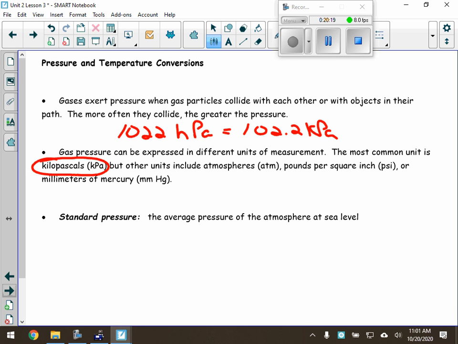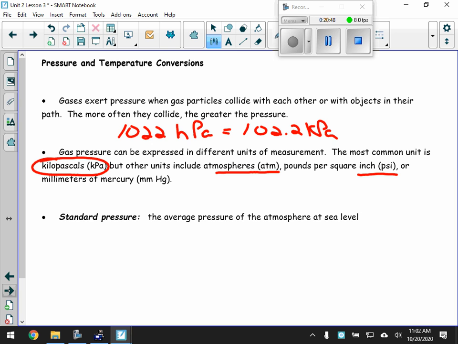Other units include something called atmospheres, ATMs. There's pounds per square inch, or PSI. PSI you've probably heard about before, yes? You get the little gauge and we put it on the bike tire or the car tire. It tells you PSIs, right?